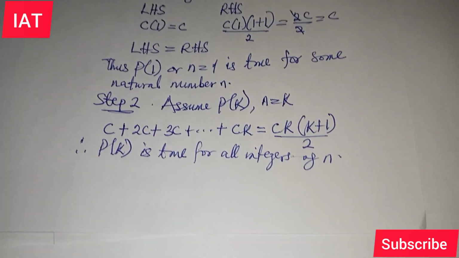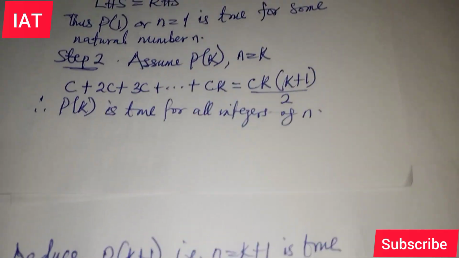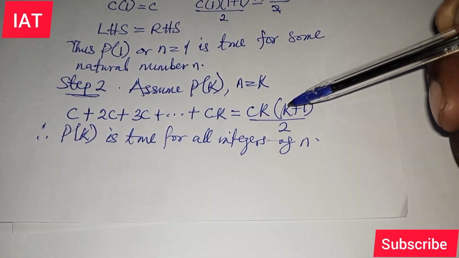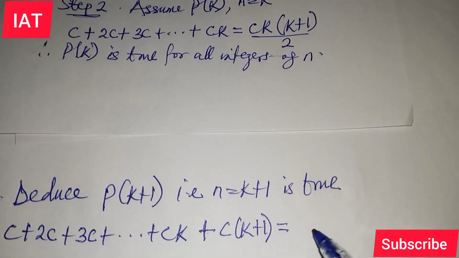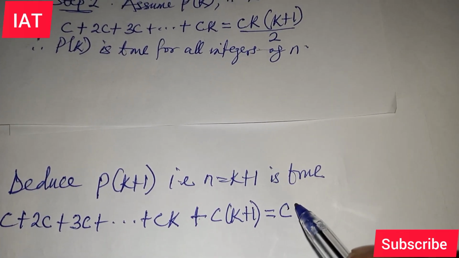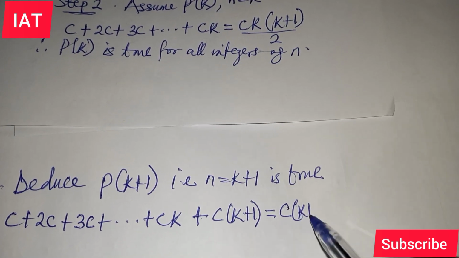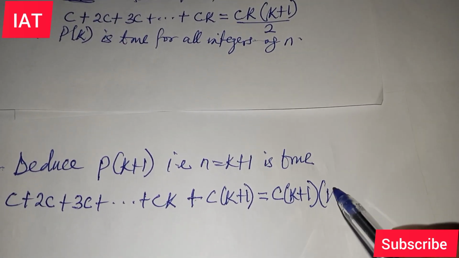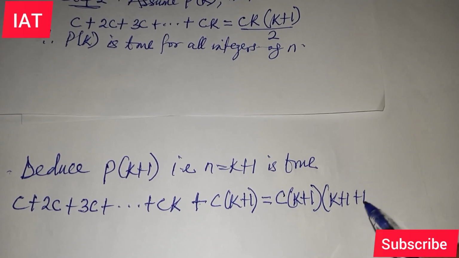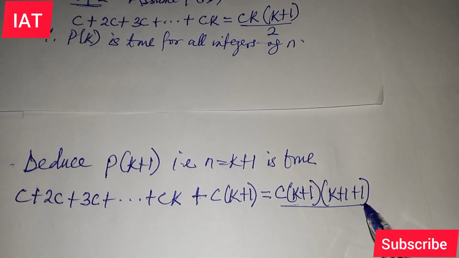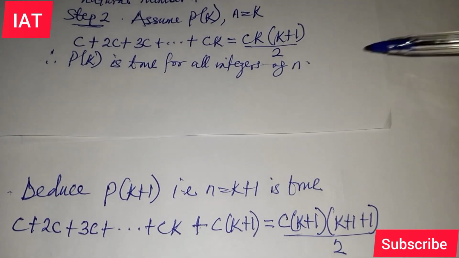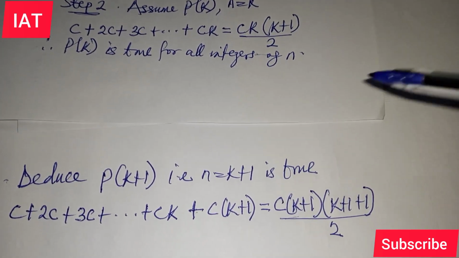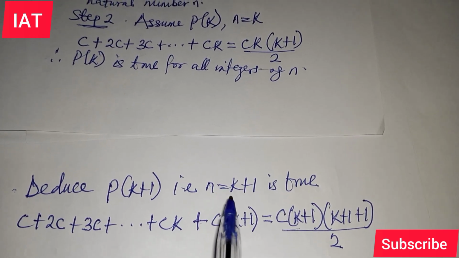From the original question, you will notice that we will just substitute anywhere you see k, replace it with k plus 1. So here we have c into k plus 1 into k plus 1 plus 1 all over 2. Look at it. Anywhere you see k, just increase it to k plus 1. That's the meaning of this when n is equal to k plus 1.